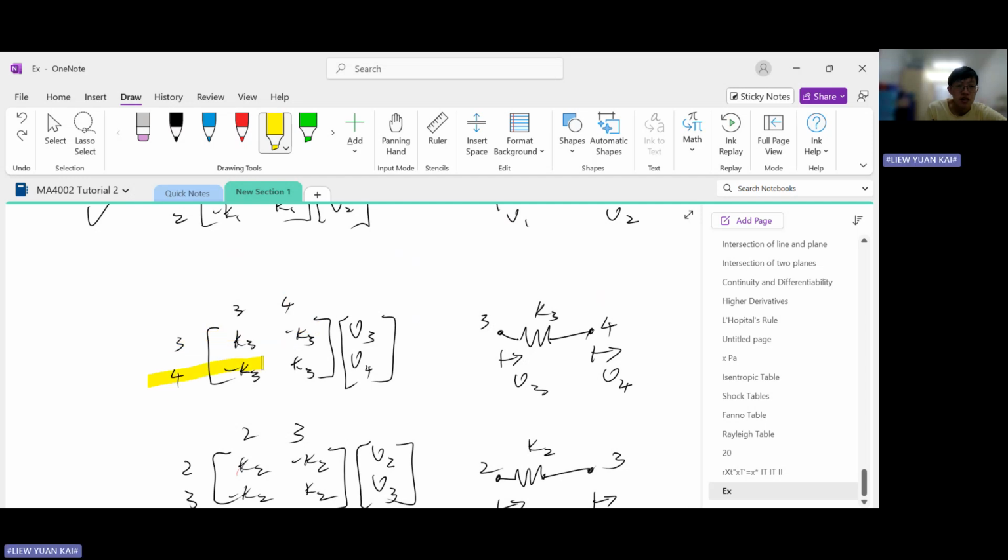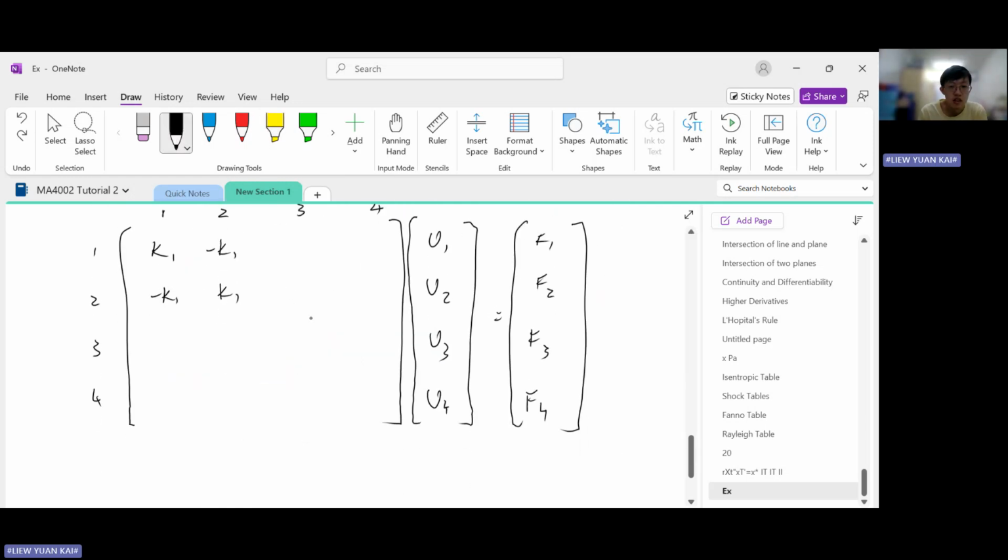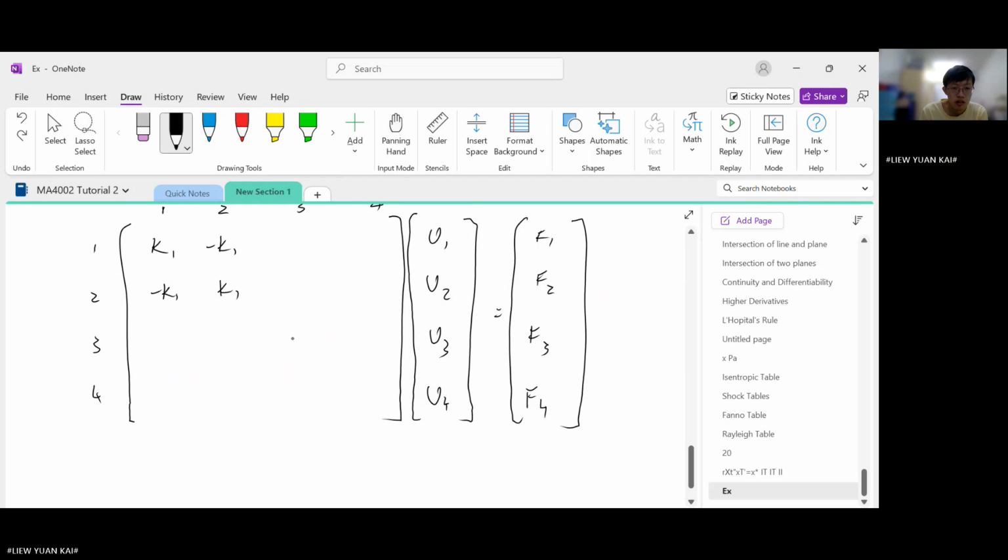And then row 4 column 3, you put minus K3. And finally, row 4 column 4, you put K3. Okay, so let's go ahead and do that in one shot. So now we're focusing on entries on the columns and rows labeled 3 and 4. Okay, so here we have K3, minus K3, minus K3, and K3.